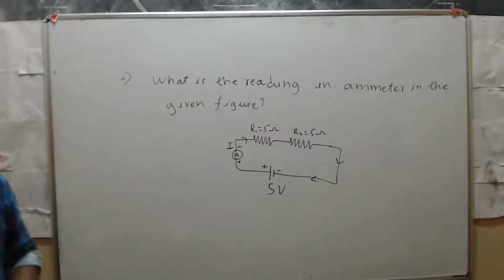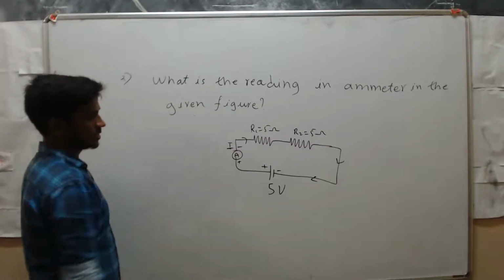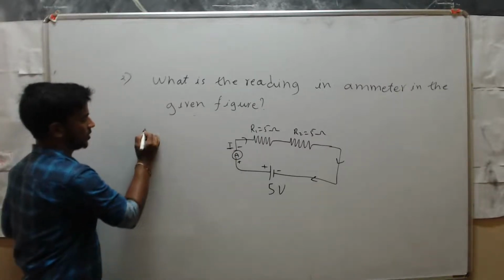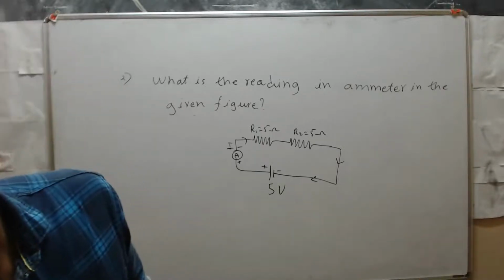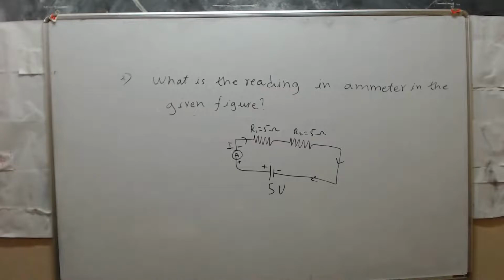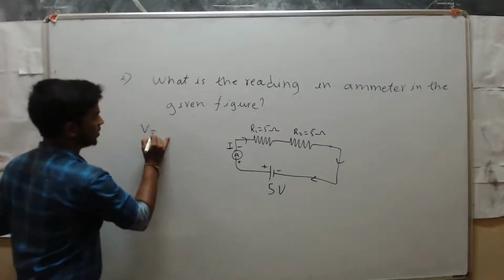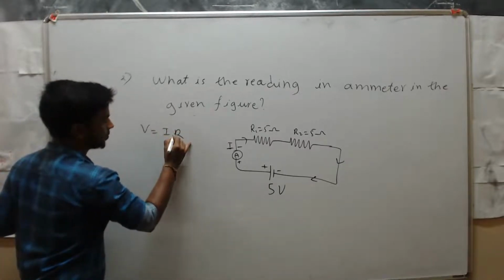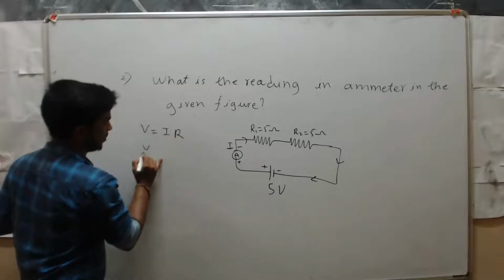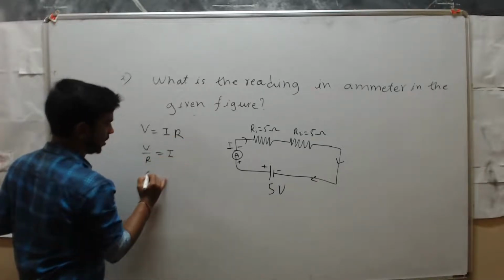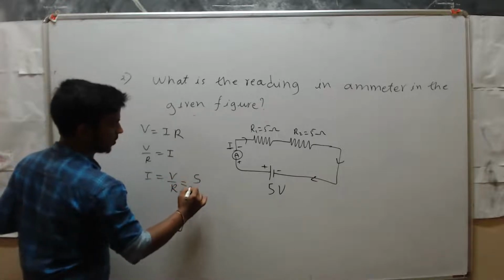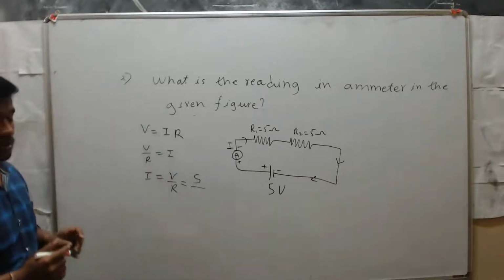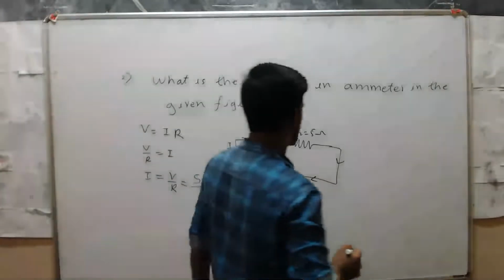Okay, see here. First, calculate the total resistance. To calculate current, we have the formula, right? V is equal to I into R. So V by R is equal to I, then I is equal to V by R. So voltage is 5. What about resistance? We don't know the total resistance in the circuit. First, calculate the total resistance.